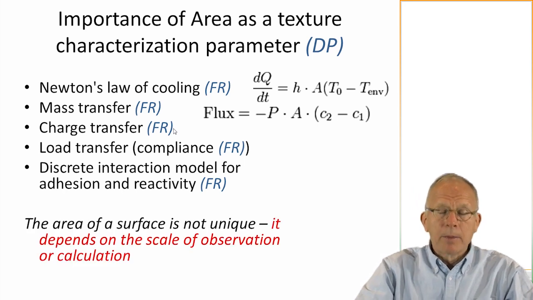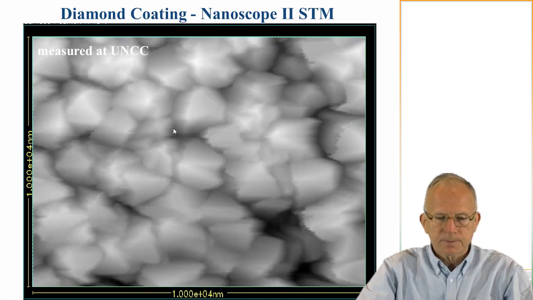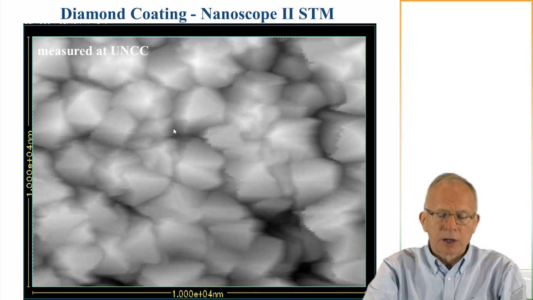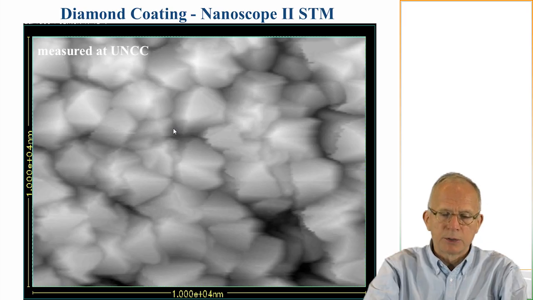But the problem is that the area of the surface, as we've mentioned, is not unique. It depends on the scale of observation or calculation. Here's an example. This is a diamond coating that was measured a long time ago with a Nanoscope 2, one of the first scanning tunneling microscopes, by my friends at the University of North Carolina, Charlotte.